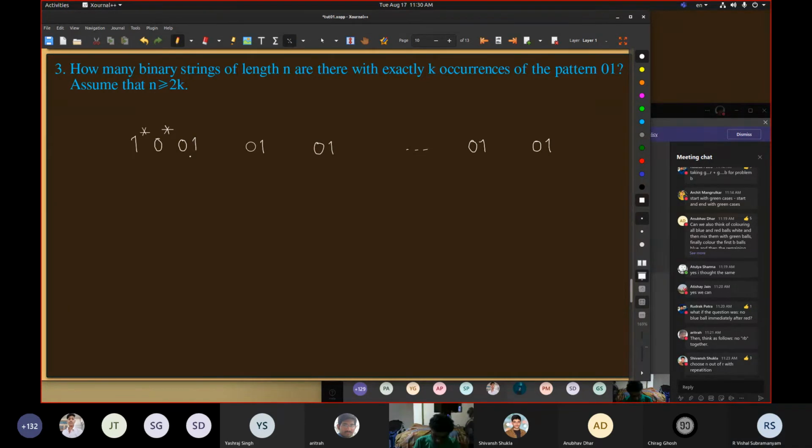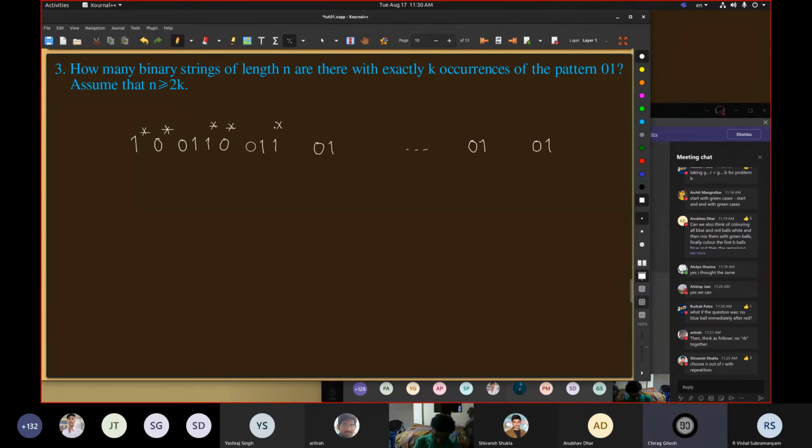Here also I can introduce any number of 1s, any number of zeros. That will not introduce a new 0, 1 pattern. Happy?